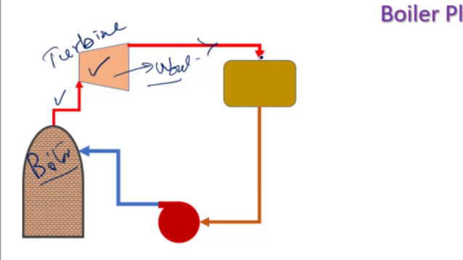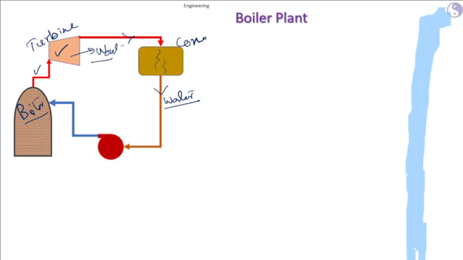This low pressure, low temperature steam is converted into water again, also called condensate, in a condenser. This condensate can be used again as boiler feed water, and it has to be fed to the boiler with the help of a pump called the boiler feed pump.